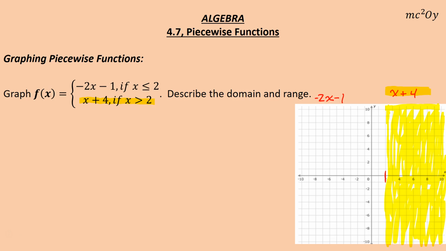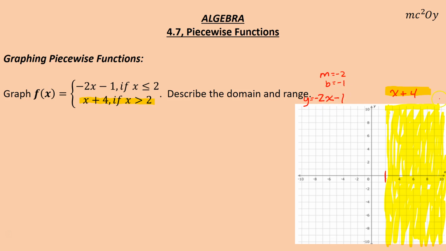And so what I need to do is graph both of those lines. The first one's easy. For this part, y equals negative 2x minus 1. The slope is negative 2, and the y-intercept is negative 1, thinking y equals mx plus b.